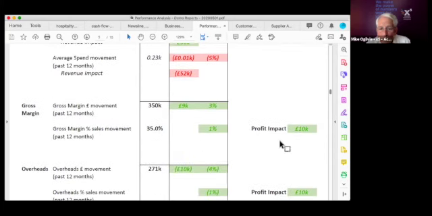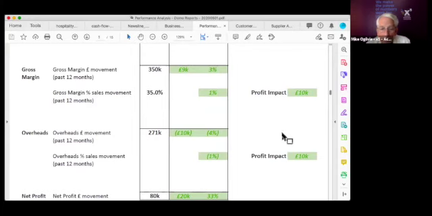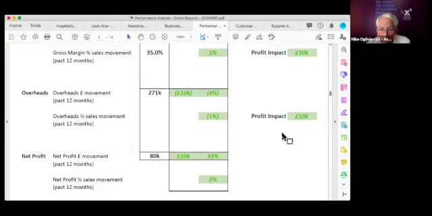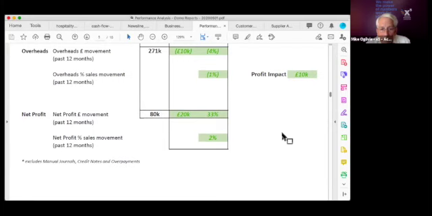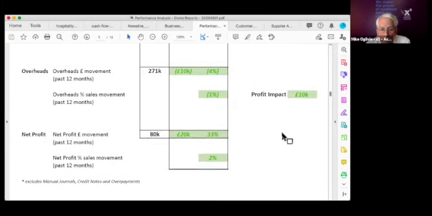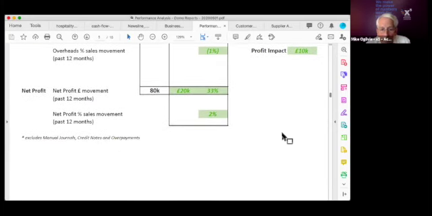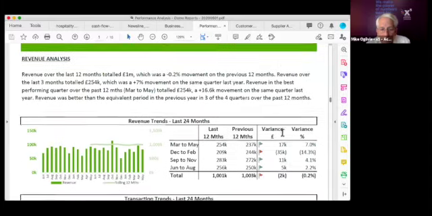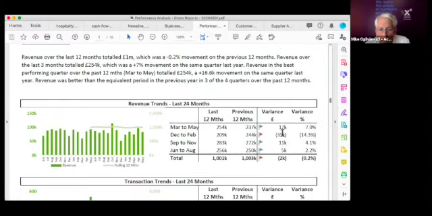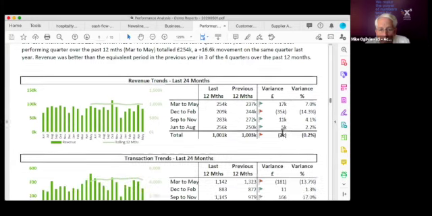So the impact of 10,000 profit on gross margin. So we actually got an improved gross margin overall because of the overall figures. The overheads, profit impact 10,000 because there's a drop in the overheads, and it just summarizes. And then we just move on and it starts going through all the analysis in a lot more detail.